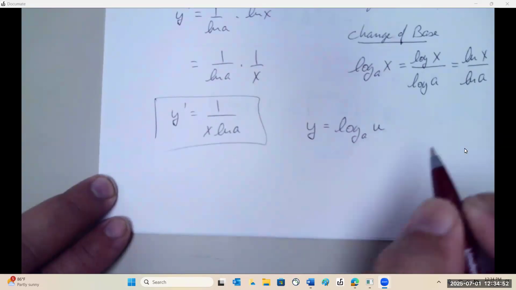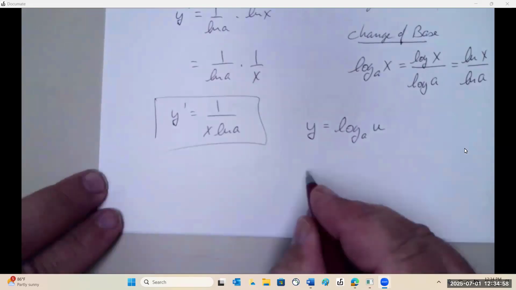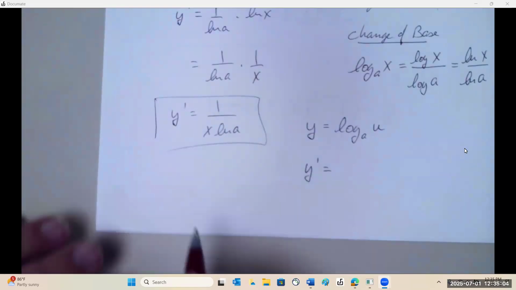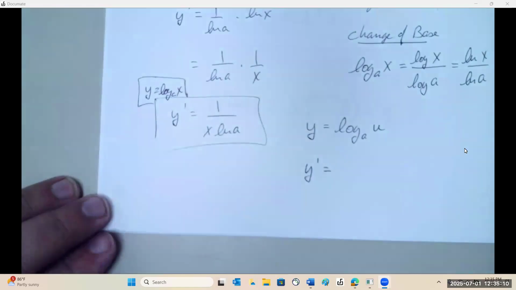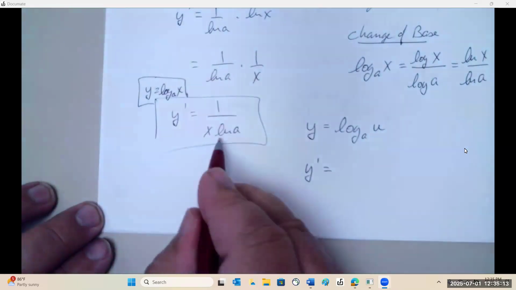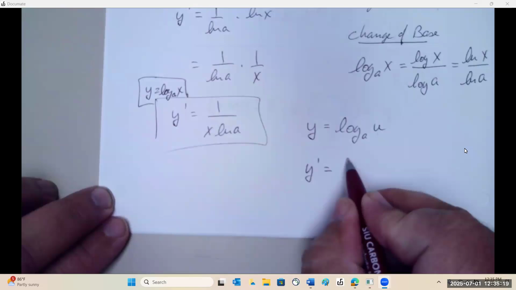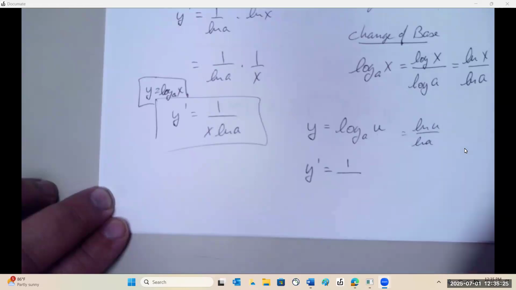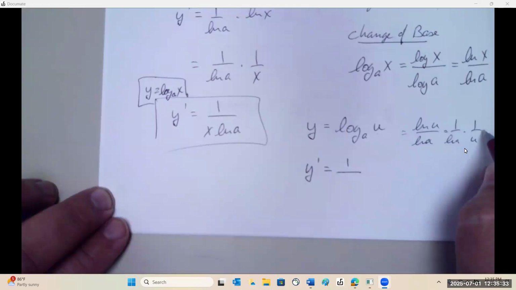Now, instead of x, what if we had a function there? This was for log base a of x. Log base a of some function u is equal to, remember, ln u over ln a, so 1 over ln a times the derivative of ln u, which is 1 over u du.